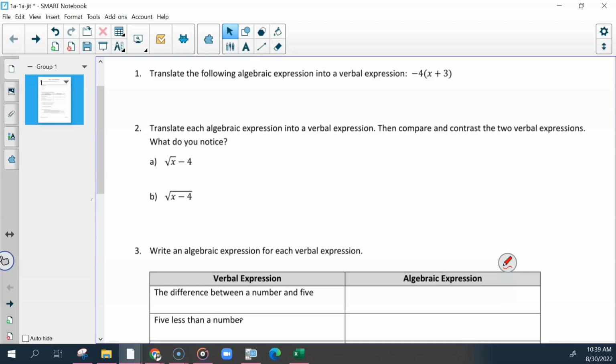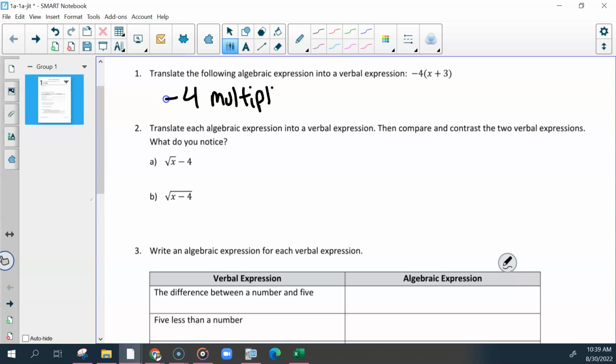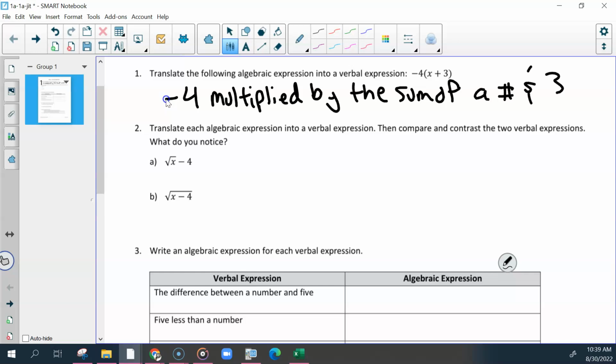Anyone want to share their answer for number 1? A lot of you had very similar things with some differences. Multiply by the sum of a number and 3. I'm using the hashtag for number, but same thing.